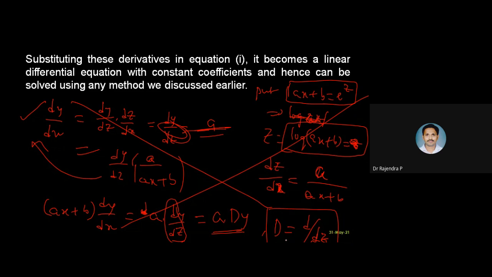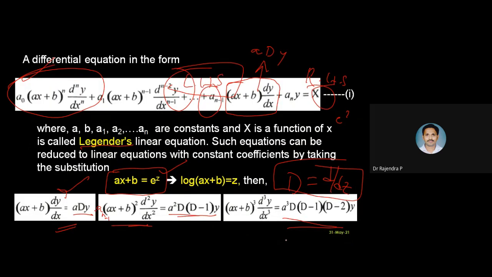Why am I doing all this? This is a variable coefficient differential equation. When I substitute in place of ax plus b into dy by dx and all other higher order terms, it is reduced to a linear differential equation with constant coefficients.